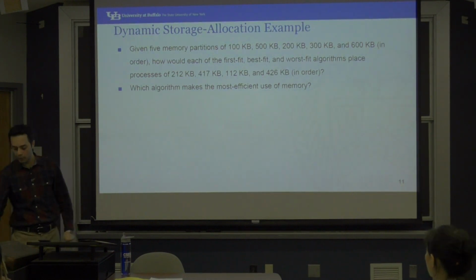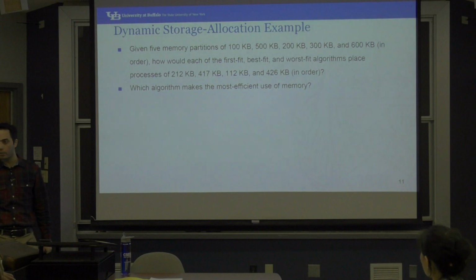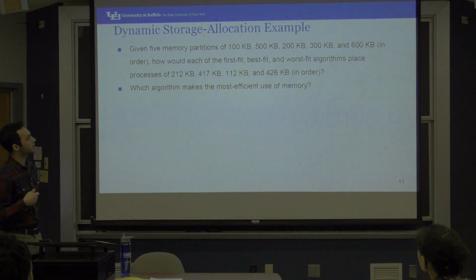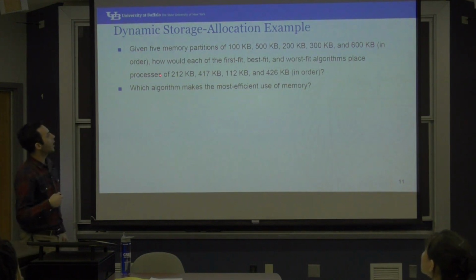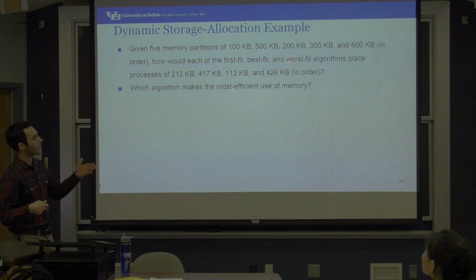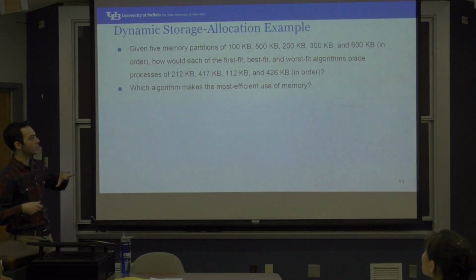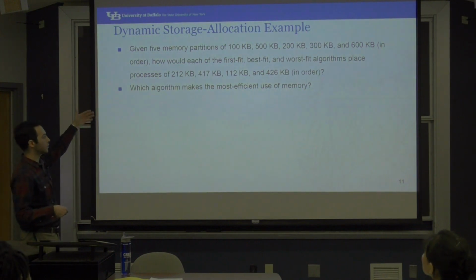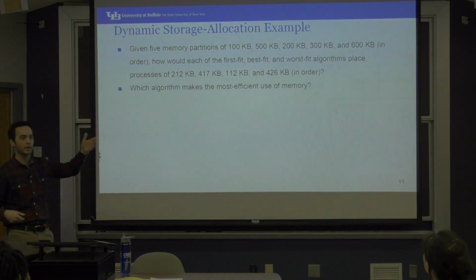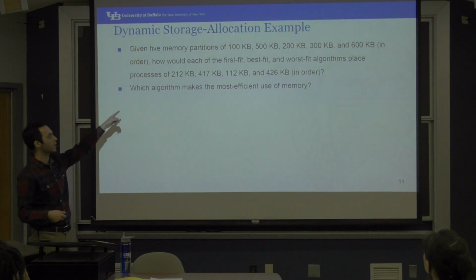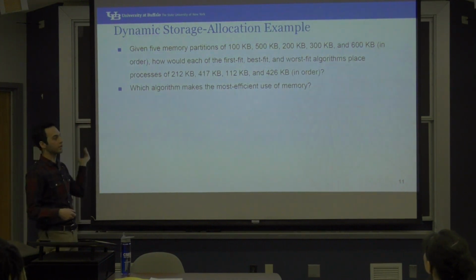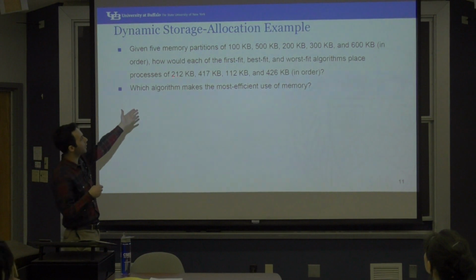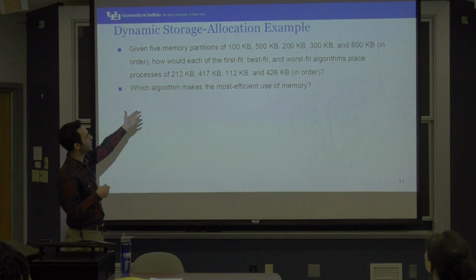So this is an example of given 5 memory partitions of different sizes. How would you run the different algorithms? What you're going to do at the end of the lecture, we might have time, and then you do it on the blackboard. Otherwise, you just list them, and then just run the algorithm one by one for each of the processes in order. If it's the first fit, you take a look at the size of the process. Okay, so does this fit into this?